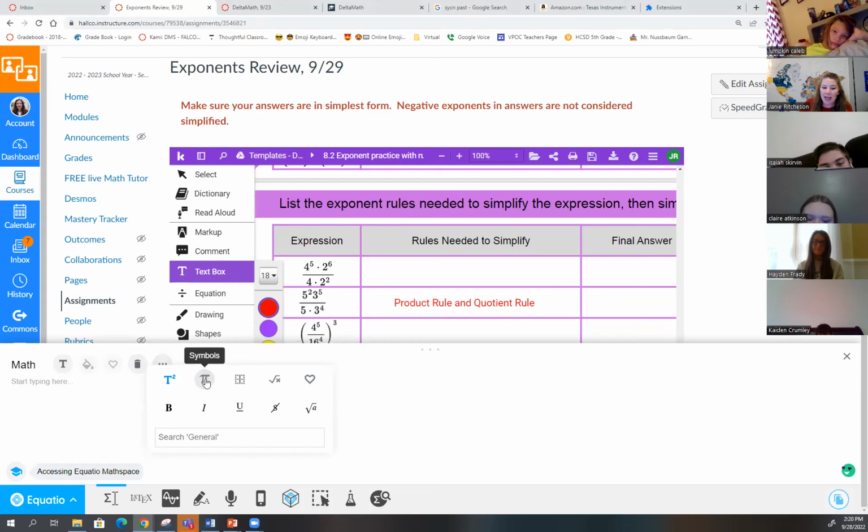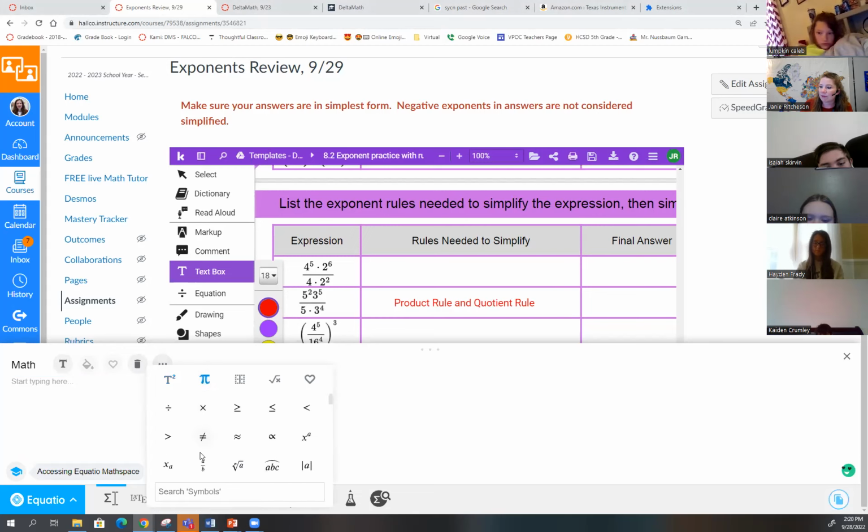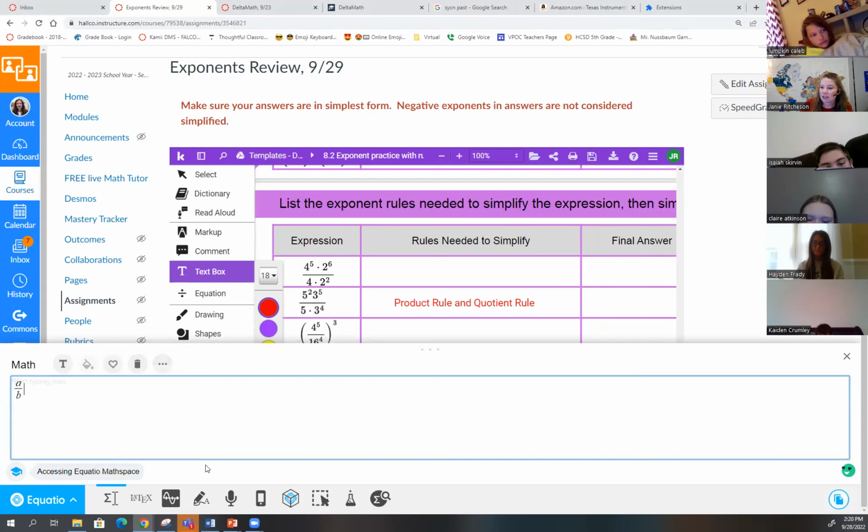I'm going to hit the pi symbol, and right here, it gives me a way to type a fraction. So I type it, there's my fraction, and I want to simplify first. I'm going to go ahead and simplify all this stuff. So what would I type on the top? 5 squared divided by 5 to the first is going to be, actually, that's a whole number.